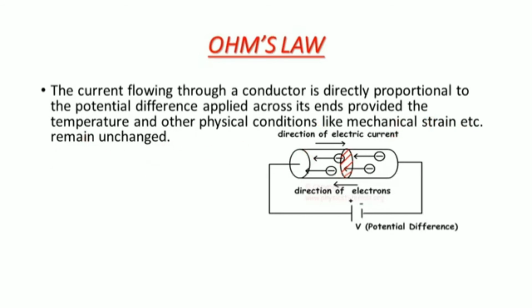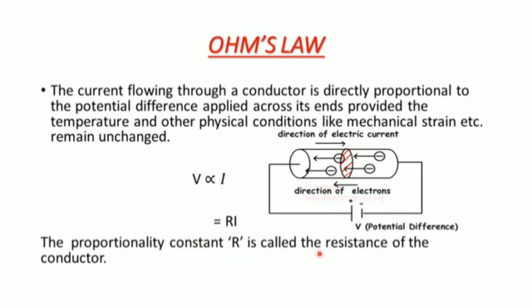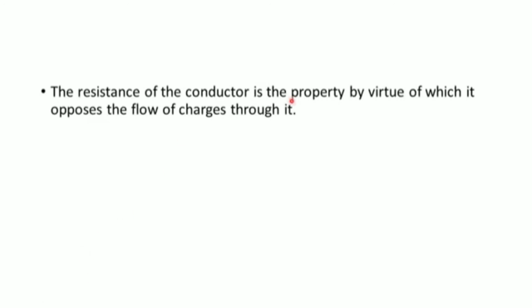In that case, V is directly proportional to I, V is equal to R into I. R is a constant called resistance of that conductor. So what is resistance? Resistance of the conductor is the property by virtue of which it opposes the flow of charge through it. So the SI unit of resistance is ohm. Its symbol is shown in this expression.